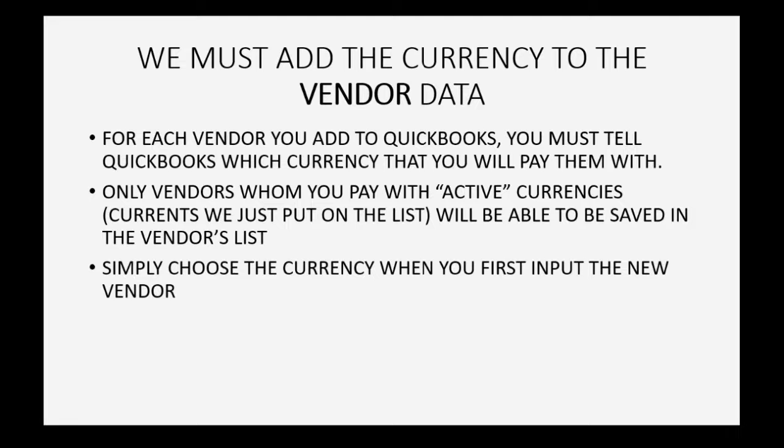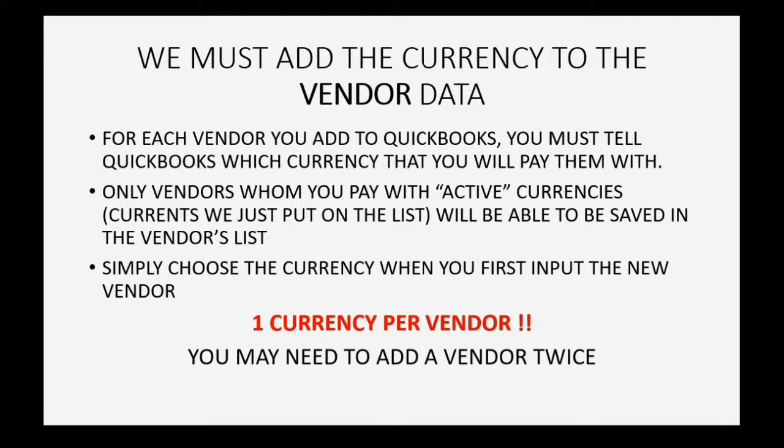Simply choose the currency when you input the new vendor. And just like with customers, one currency to a customer, one currency to a vendor, and if for some unlikely reason you have to pay the same vendor with a different currency, you might have to put that vendor on the list twice and separate the transactions with the different currencies.